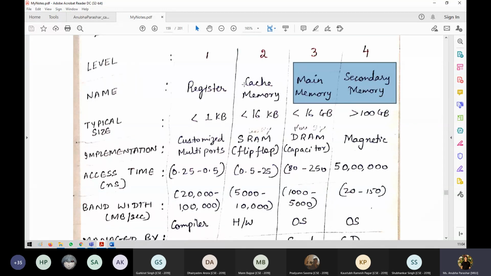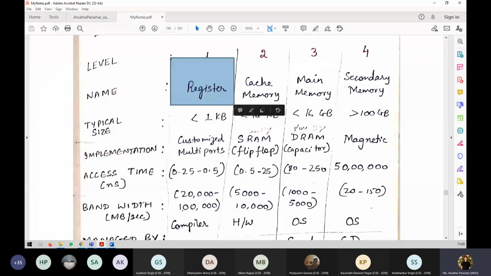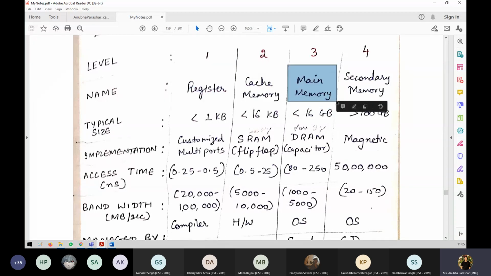The CPU will generate the virtual address. Virtual address means the page table will directly correspond to secondary memory, and from there the data will be fetched to main memory. In computer organization, we are more concentrated on register and main memory.